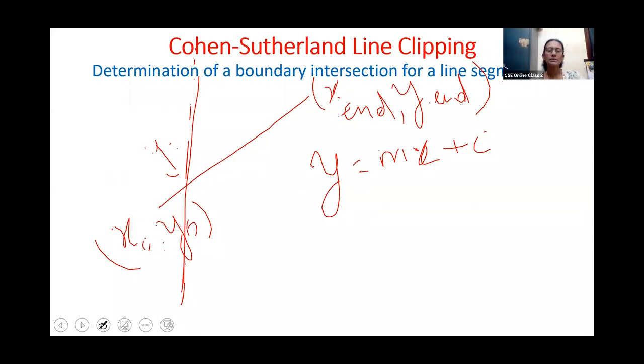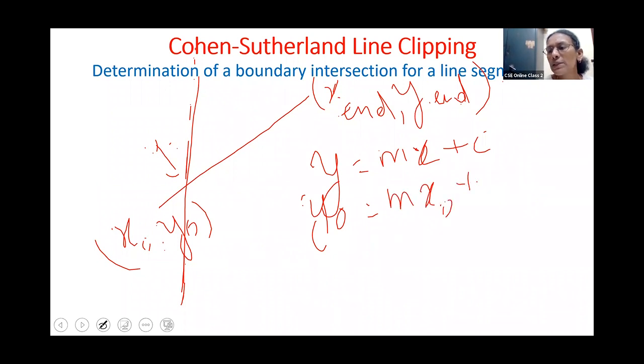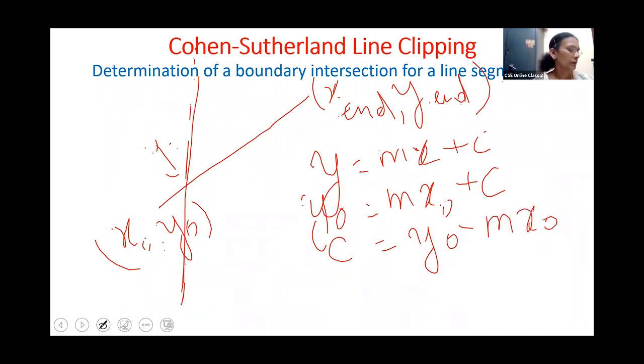I substitute x naught, y naught into this equation y equal to mx plus c. What do I get? y naught equal to m x naught plus c, or c equal to y naught minus m x naught. I substitute this in the first equation.